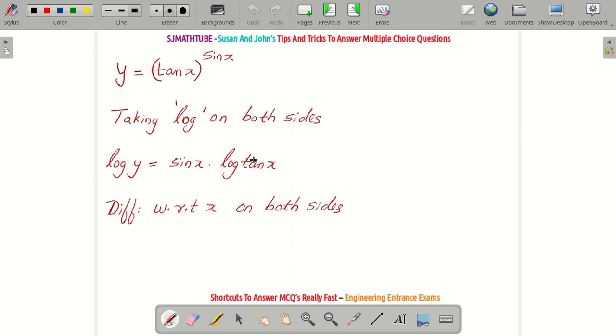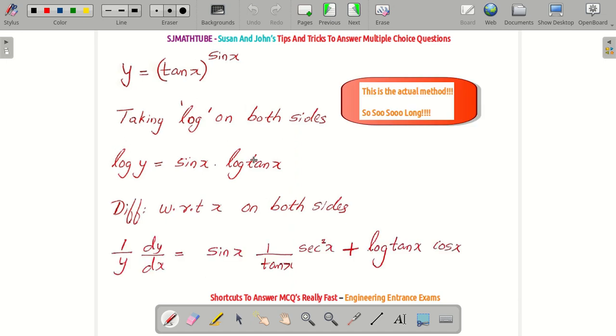And then we will differentiate both sides with respect to x, and that will give you an expression from which you'll be able to solve for dy by dx. But the process is really lengthy.